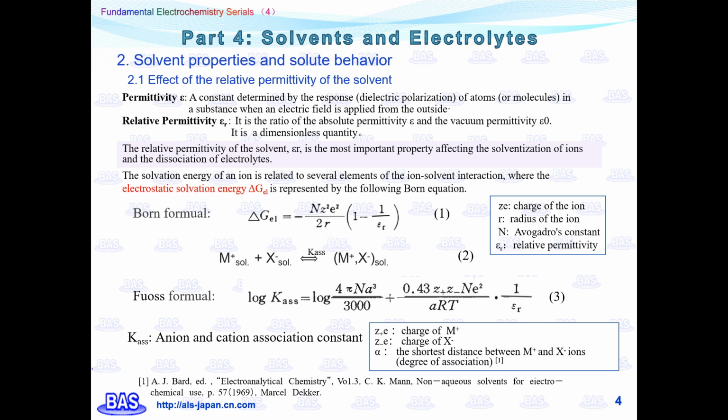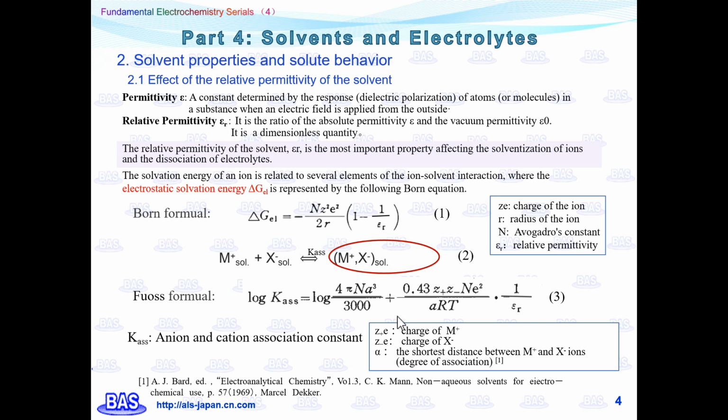In addition, the cations and the anions in solution can exist in a dissociated state that enables the solution to conduct electricity, or they can be combined as ion pairs, as shown in equation 2. Assuming that the constant for the association reaction between the solvated cation and the solvated anion is K_ass, log K_ass can be roughly expressed by the following Fuoss formula.